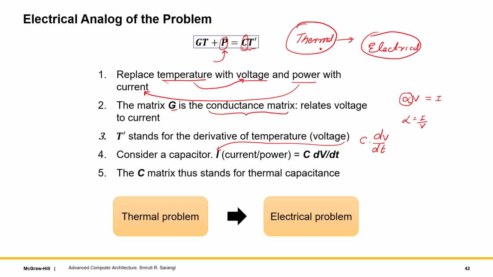In this case, I have an analog for voltage, which is temperature, I have an analog for current, which is power, and the analog for conductance is this matrix G, and for capacitance is this matrix C.